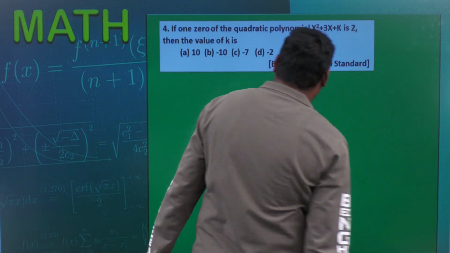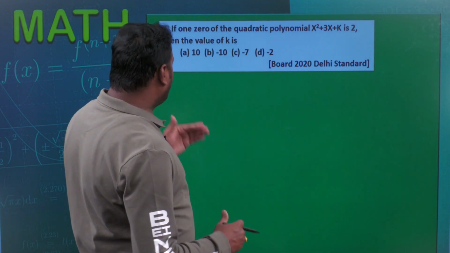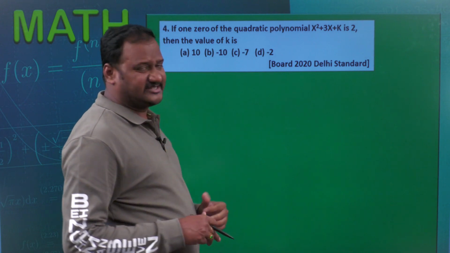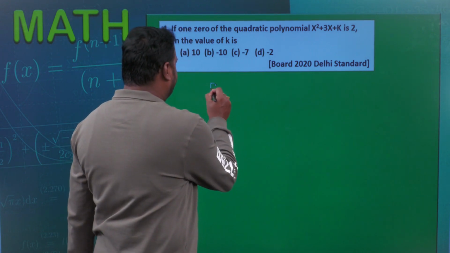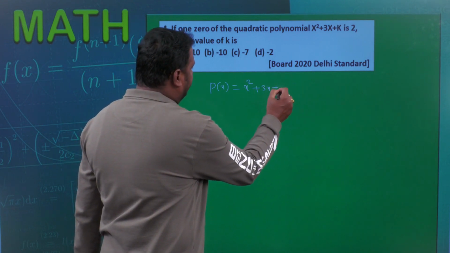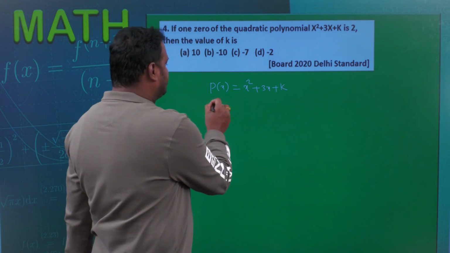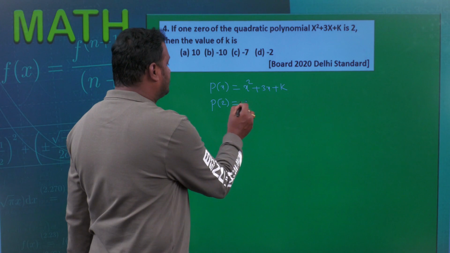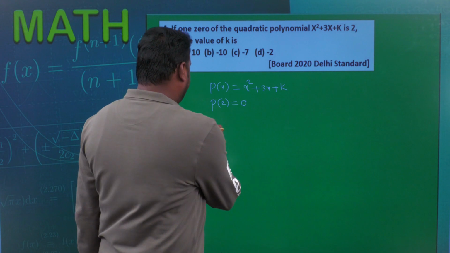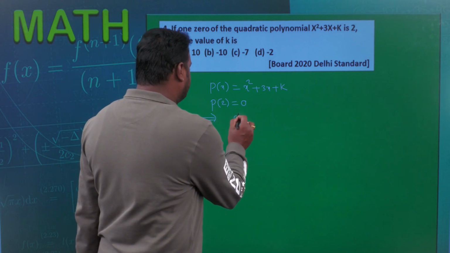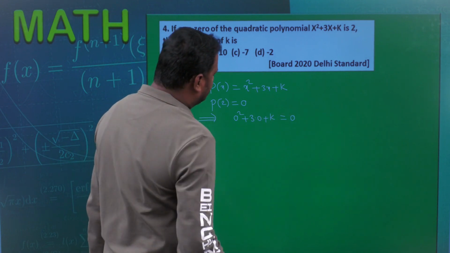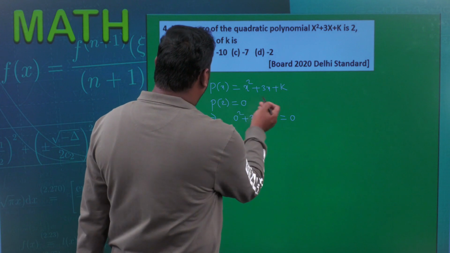Next, coming to the next problem here. 1 zero of the polynomial x square plus 3x plus k is 2, then the value of k. Just now we discussed this kind of problem. So let me take the polynomial p of x as x square plus 3x plus k, and 1 zero is 2, right? What does it mean? Since it is a zero, when you put 2 in the place of x, the entire polynomial will vanish. So p of 2 is equal to 0, right?